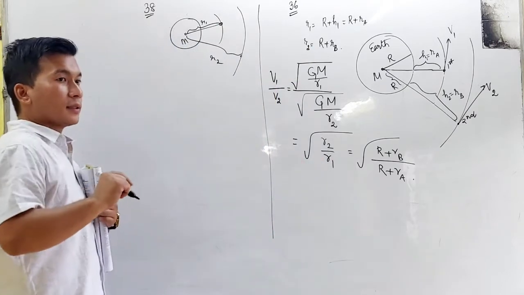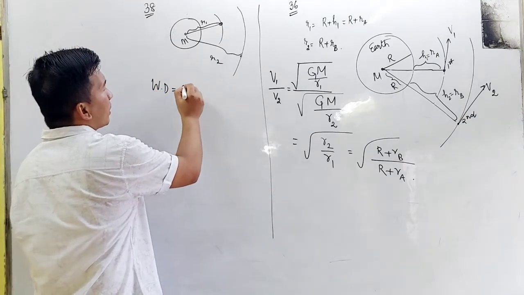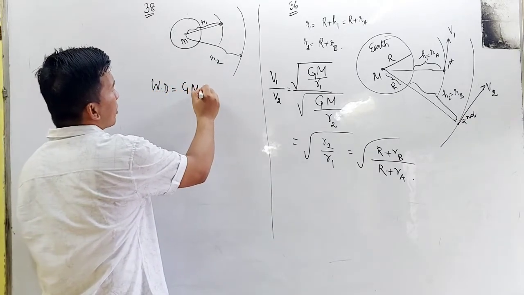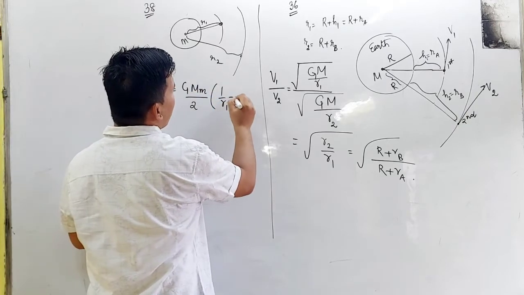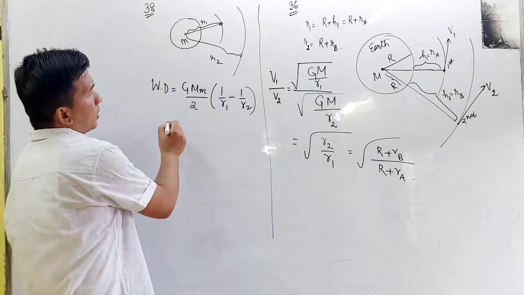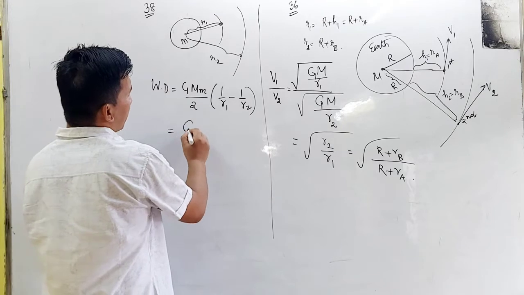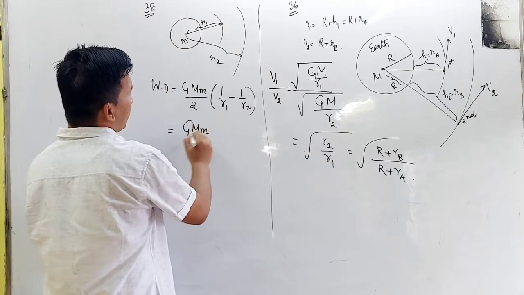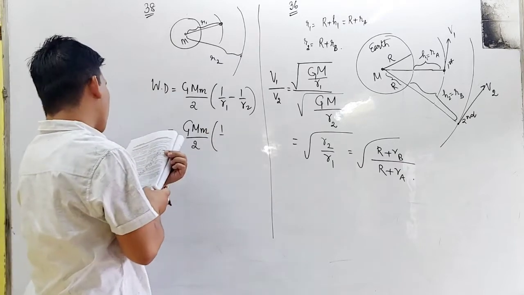The work done will be equal to capital G, capital M, small m divided by 2, into 1 by R1 minus 1 by R2.